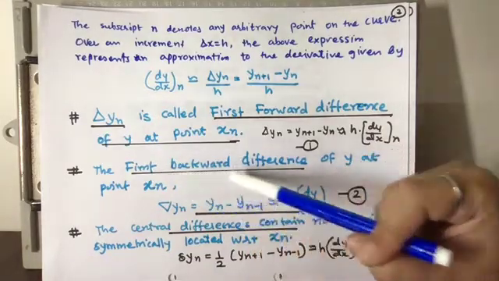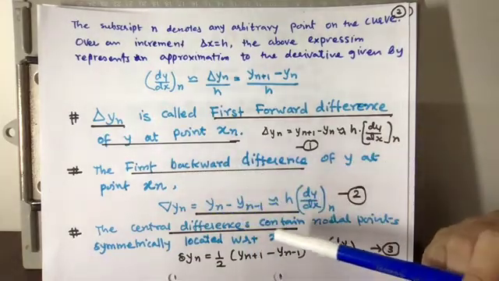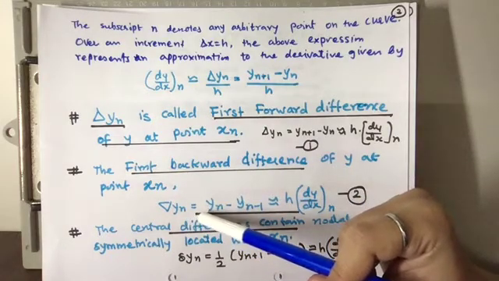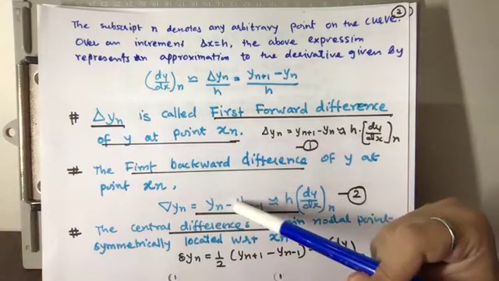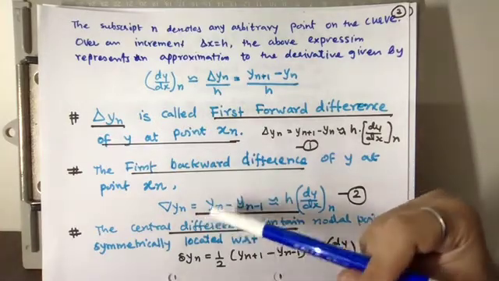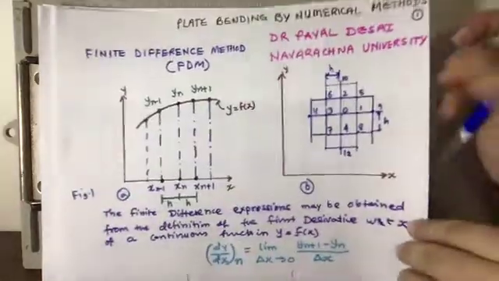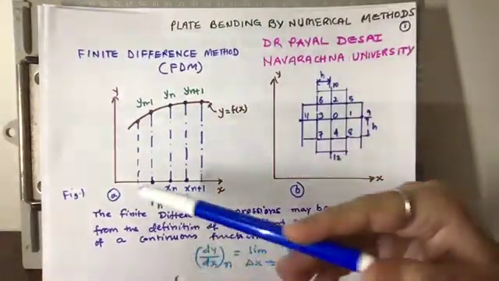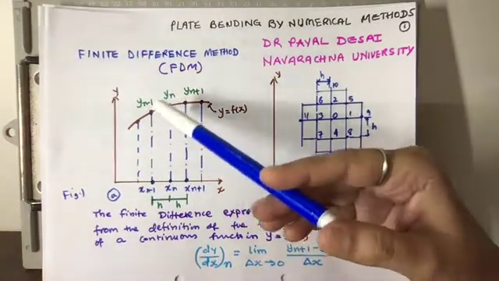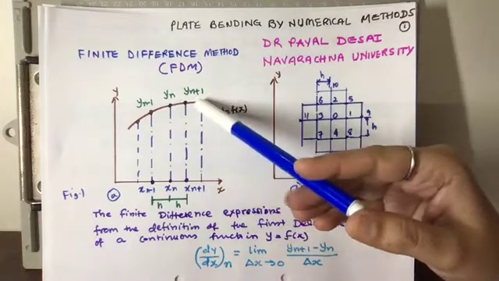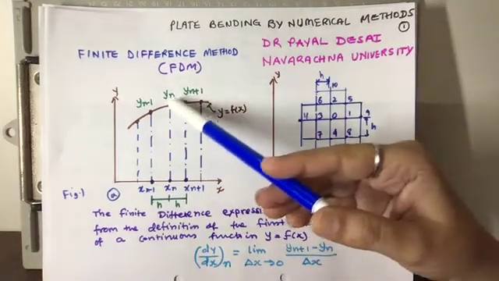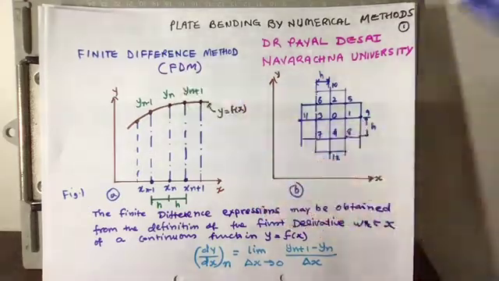Now what is the first backward difference? If I take the differentiation of a function and take the difference with the one value backward, for example, in this curve you can see the one value backward is yn-1 and the forward value is yn+1, and the function value at x equal to xn is yn.